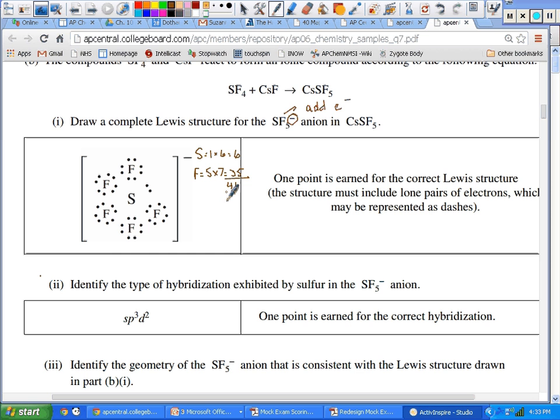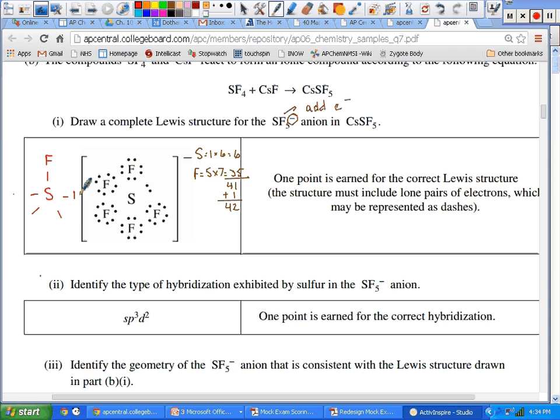All right, so I'm going to stick S in the center. And then the way I would recommend doing it is just making a pentagon. Does that make sense? Okay. And then from there, just add your F's. All right.